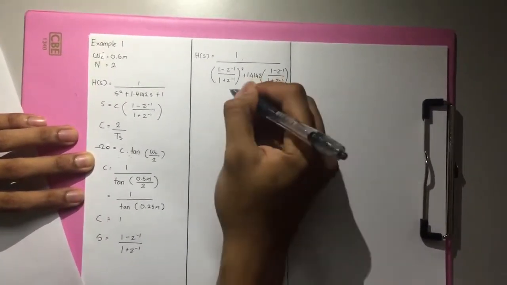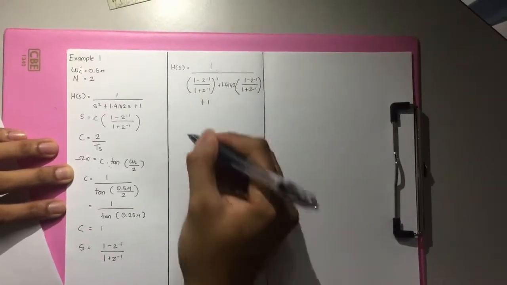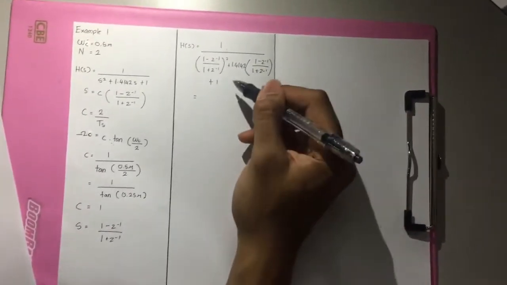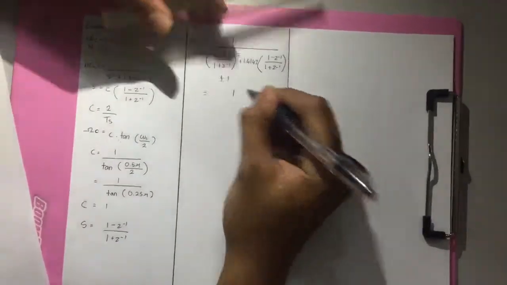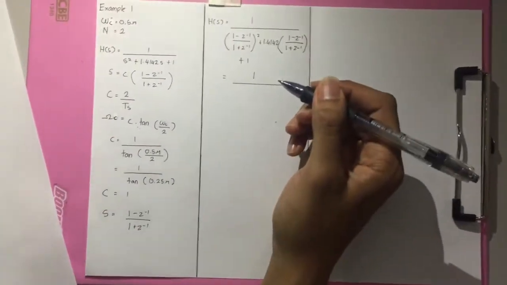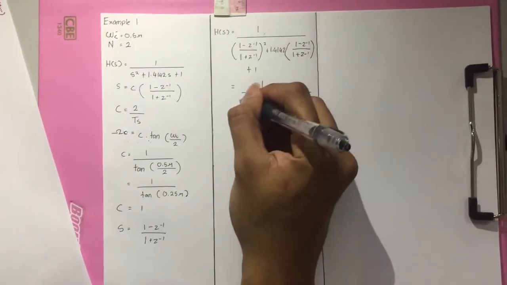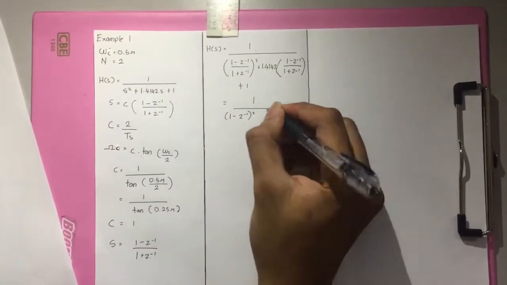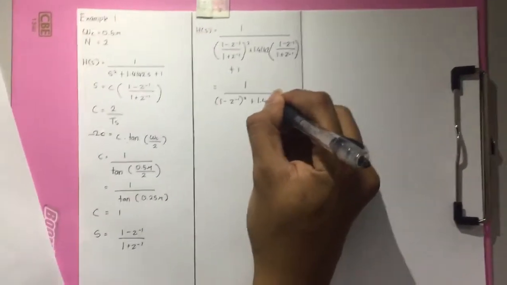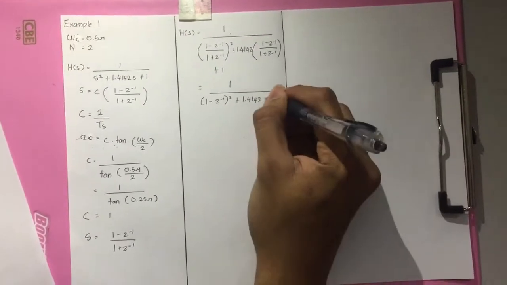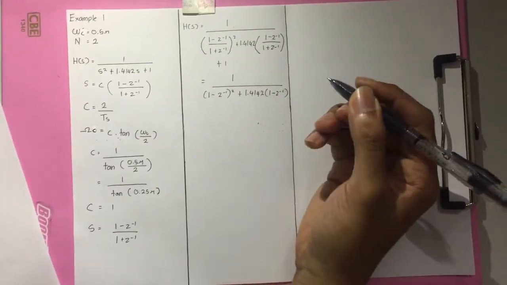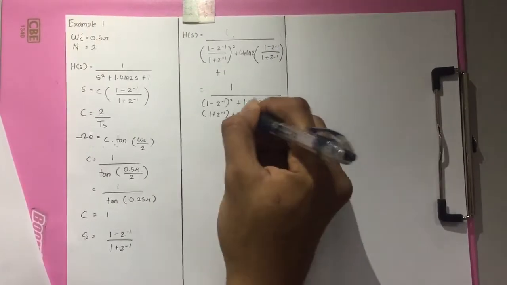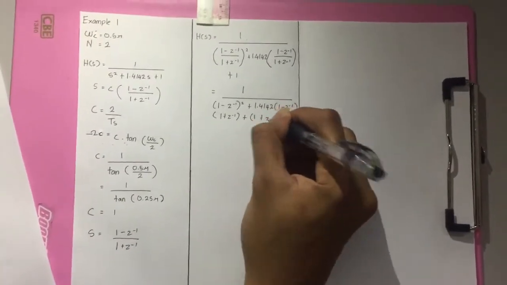I write the 1 below this one, and then going to expand this equation, and it will become 1 over 1 minus z inverse squared plus 1.4142 bracket 1 minus z inverse times 1 plus z inverse plus 1 plus z inverse squared.